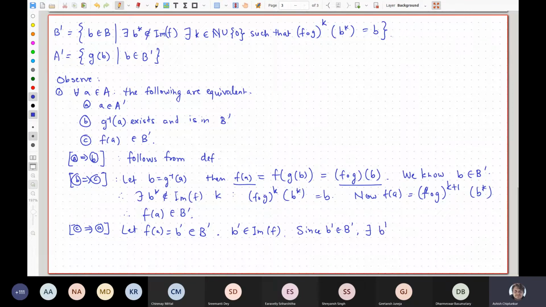There exists some B star not in the image of F, and K such that F compose G applied K times to B star is equal to this B prime. Okay, but now what? So B prime is in image of F.